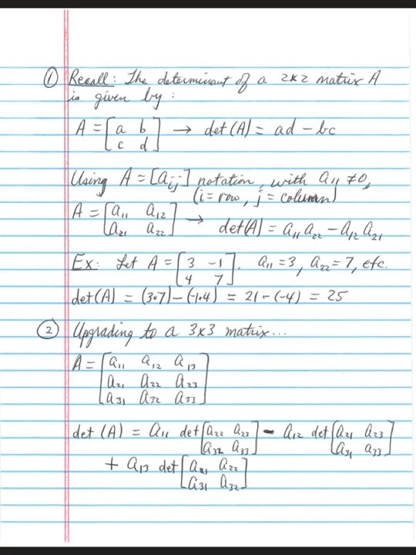If you upgrade to a 3 by 3 matrix, the subscript notation represents the same thing. Like this one would be second row, third column. As far as calculating the determinant goes for a 3 by 3, you don't have to start in the upper left, but it's usually a good idea to start there.